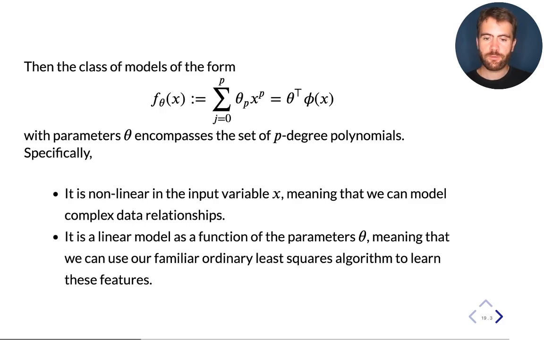Therefore, if we fit a linear regression model over the features phi, we're going to be able to fit arbitrary polynomials to our data set. So these are going to be nonlinear functions of x, but linear functions of theta, and therefore we're going to be able to learn them effectively and still have a highly expressive, flexible nonlinear model.